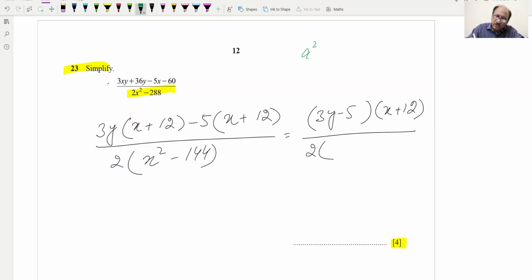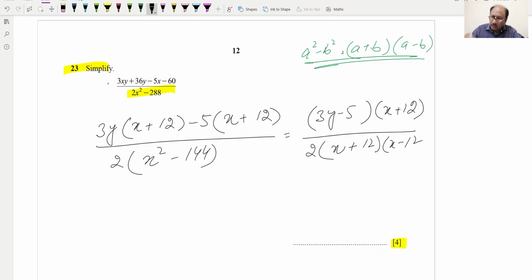Formula is what? a squared minus b squared is equal to a plus b into a minus b, and we will write this as x plus 12 and x minus 12.